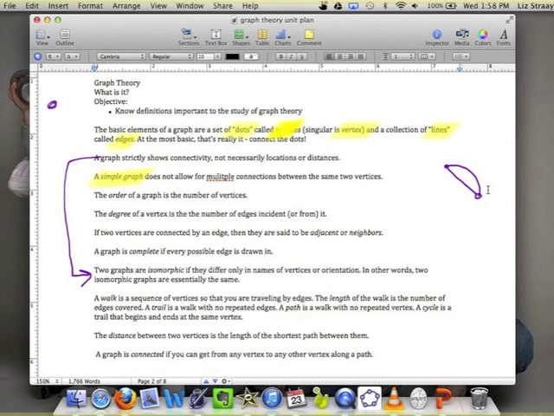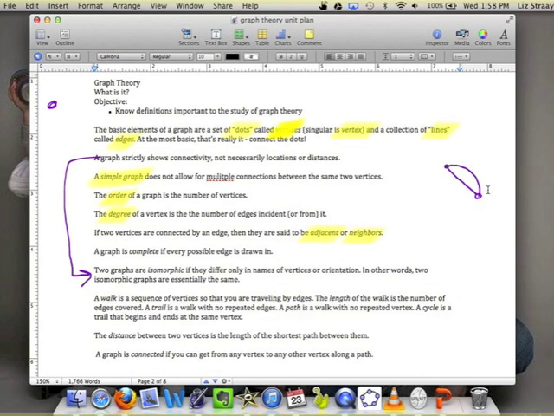The order of a graph is the number of vertices it has. So how many points are in the picture? That's called the order. The degree is how many edges are going into that point. So we can just count up how many edges are going in there. If two vertices are connected, we say they are adjacent or neighbors.